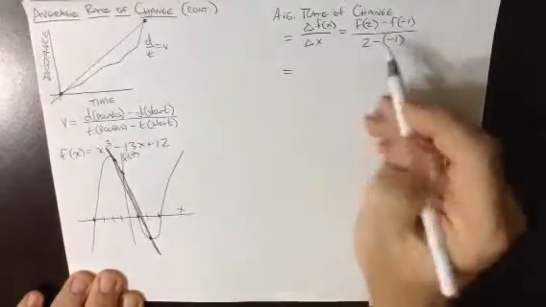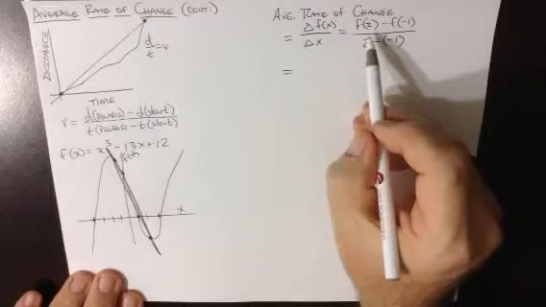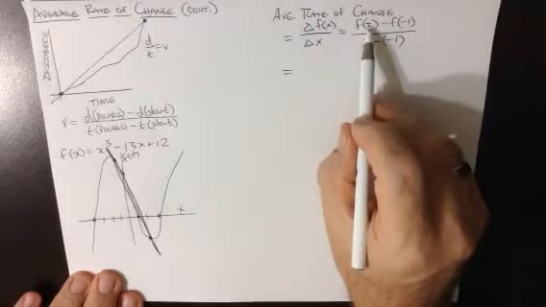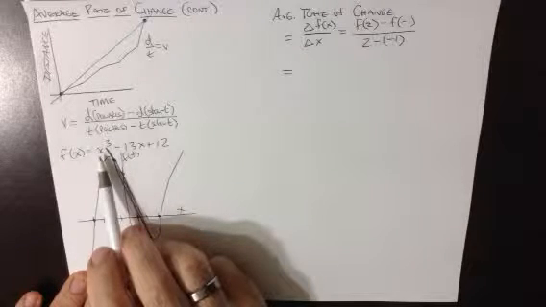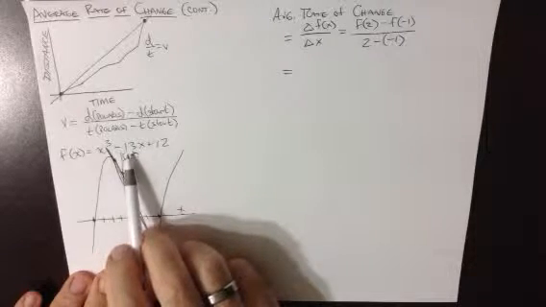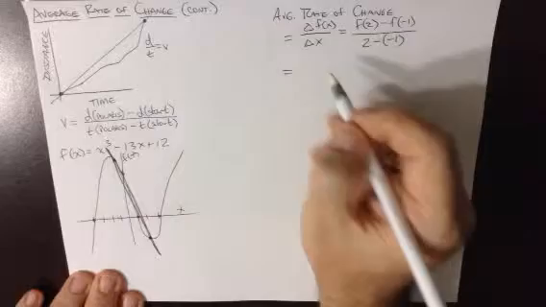Well, you can check this for me, but if you put 2 into this function, you're going to get as your final result -6.